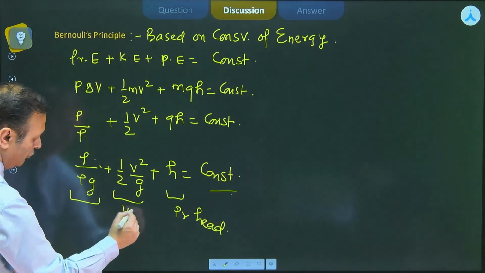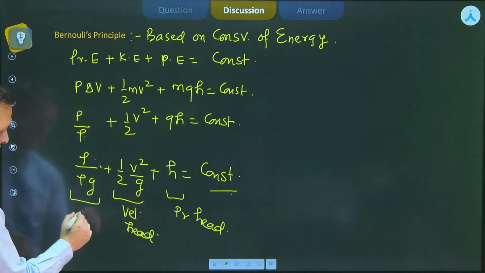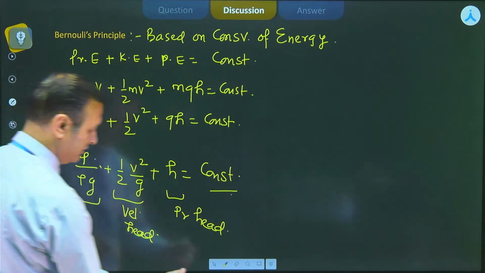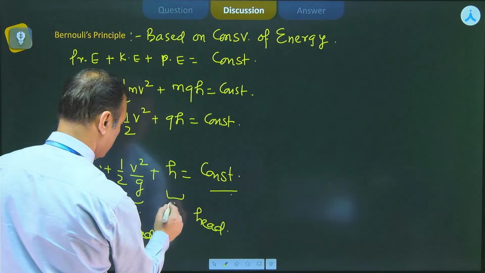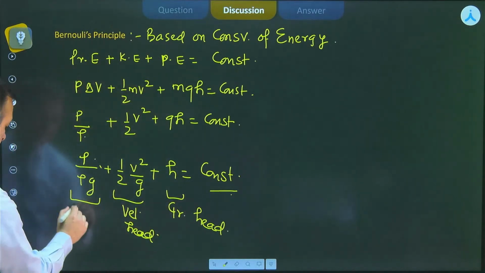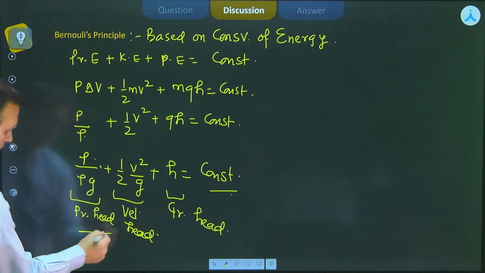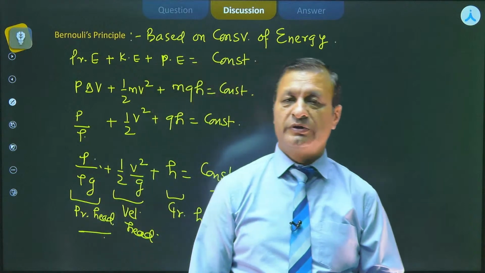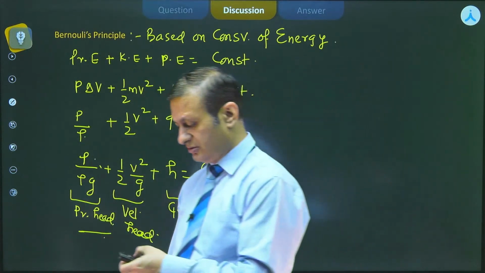This is called velocity head, that is the contribution from the velocity part, and this is potential head, gravitational head, and this is rather pressure head. So this is your Bernoulli's theorem that deals with the total energy of ideal fluid, that remains constant.